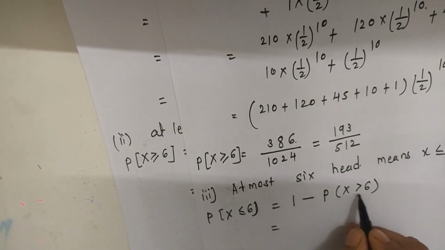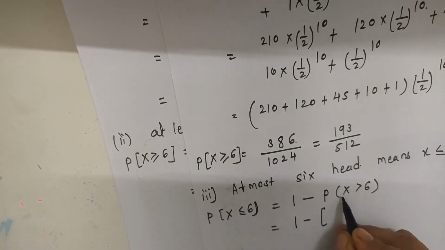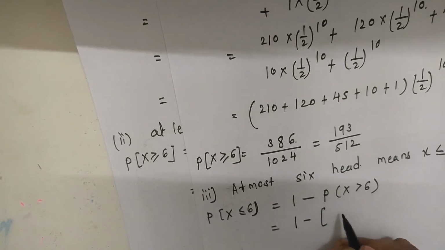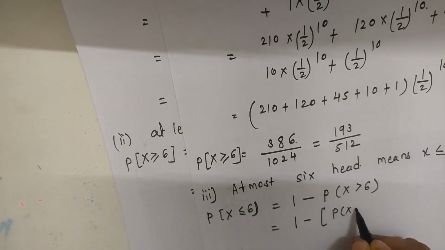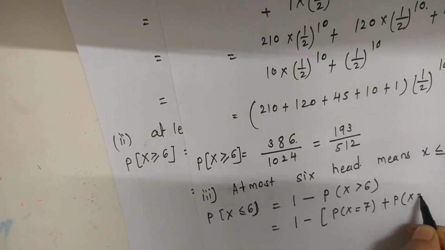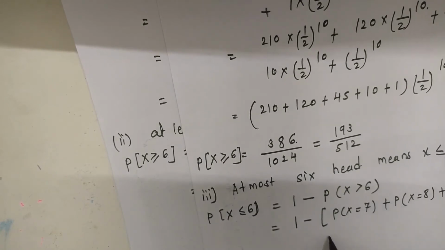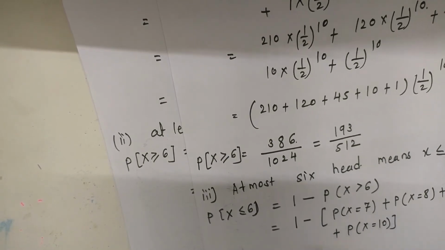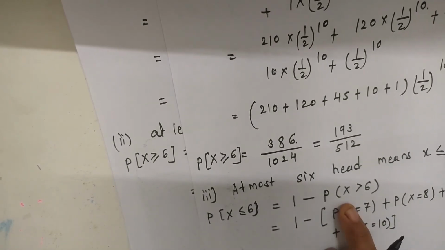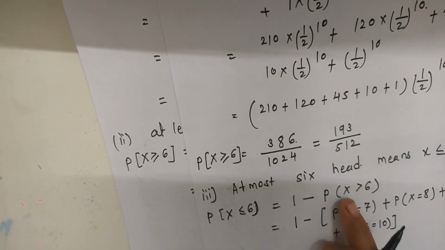And we know that x greater than 6 means probability of x is equal to 7, plus probability of x is equal to 8, plus probability of x is equal to 9, plus probability of x is equal to 10. The addition of all these probabilities means x greater than 6, and x less than or equal to 6 means 1 minus probability of x greater than 6.